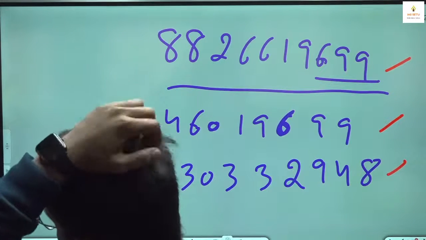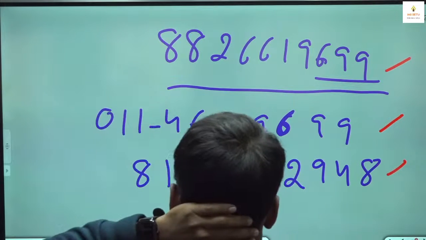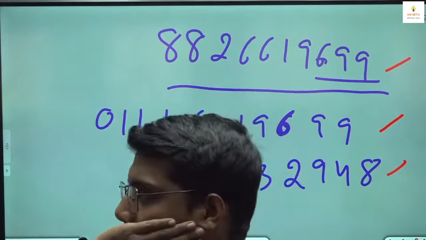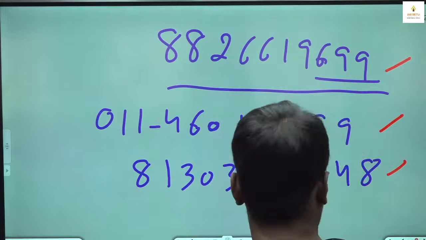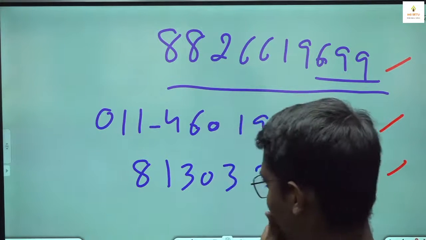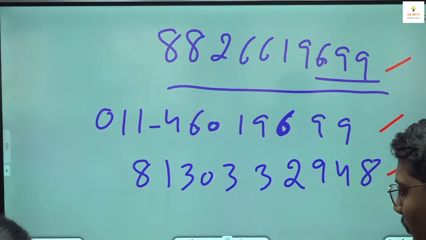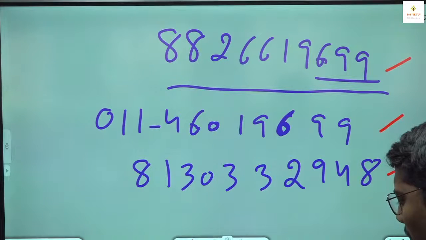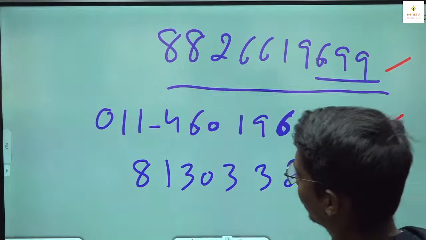That I will teach. गौरव चौहान, आपको पता चल गया ना HCF का. HCF has to be common from all the numbers. HCF means it has to be common from all the numbers.